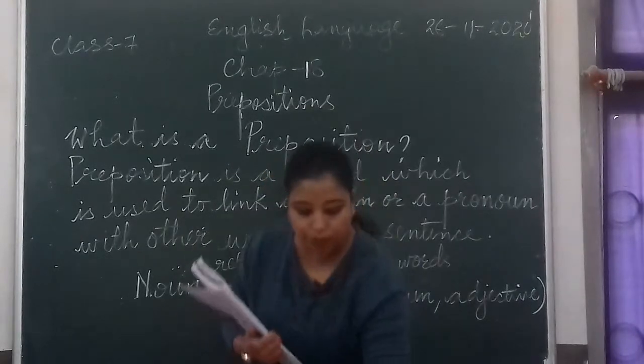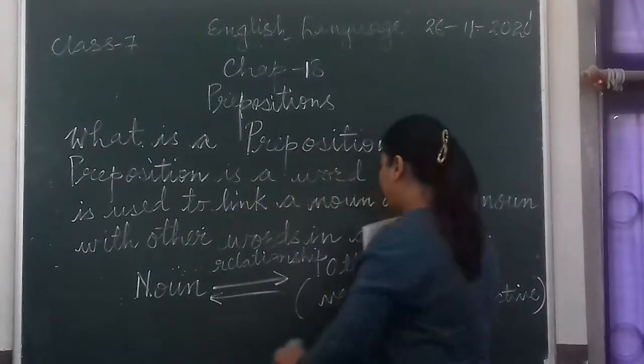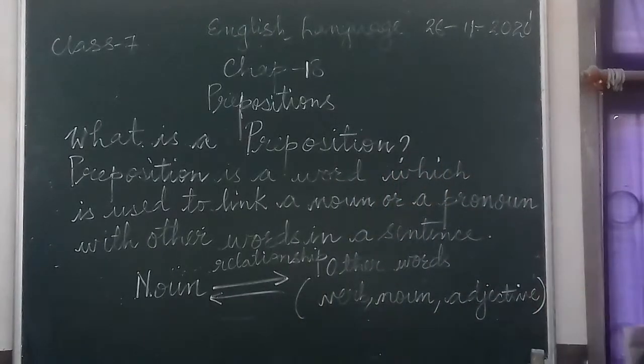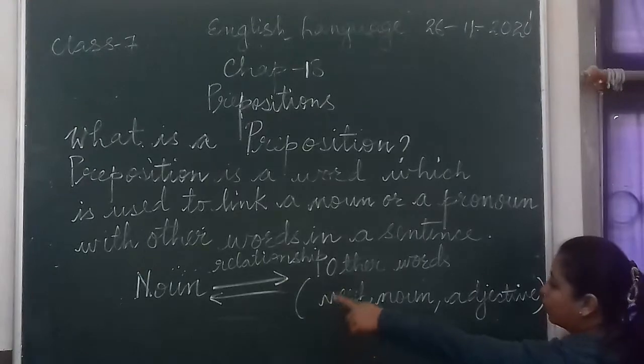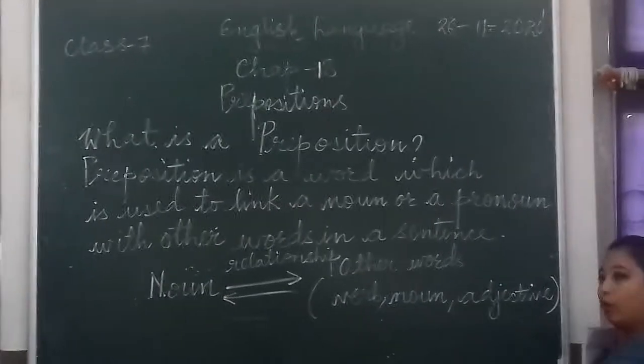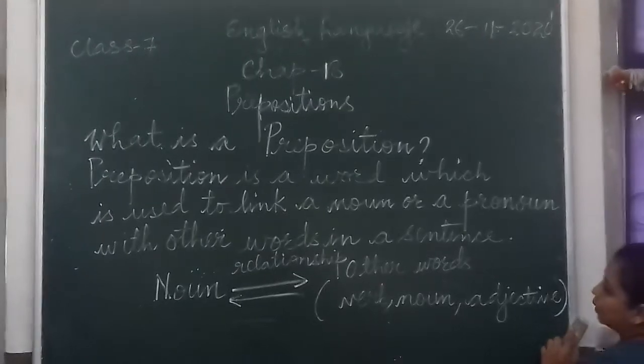Now come to the different types of prepositions. Okay, look at the board carefully. It establishes a relation of a noun or a pronoun with other words like verb, noun, or an adjective.